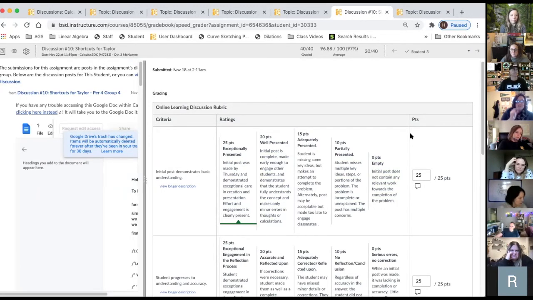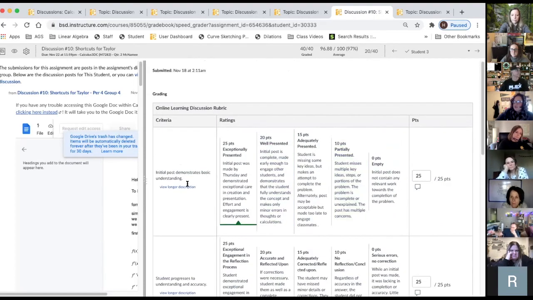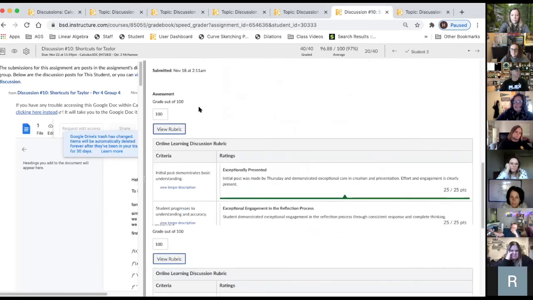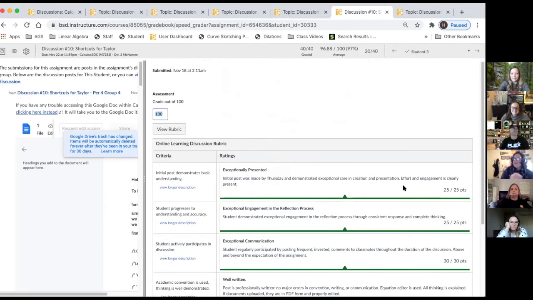If you don't check that box, when you click and it adds it up, that 100 out of 100 won't end up right there when I save. And if you don't click that stupid little box, it won't work. It took me several tries before I realized that's what I had done wrong. So just know that.